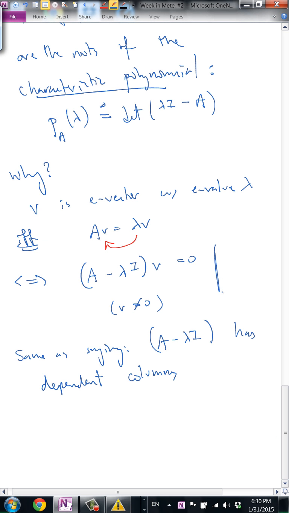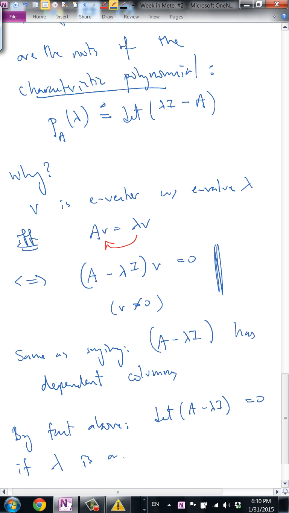For there to be a solution v to (A minus lambda I) v equals 0, that's the same as saying that A minus lambda I has dependent columns. But by the fact above, this means that the determinant of A minus lambda I must equal 0 if lambda is an eigenvalue. And that's where that fact comes from.